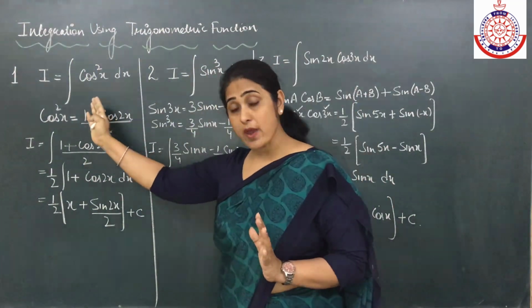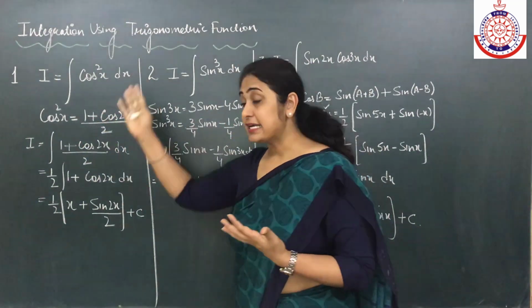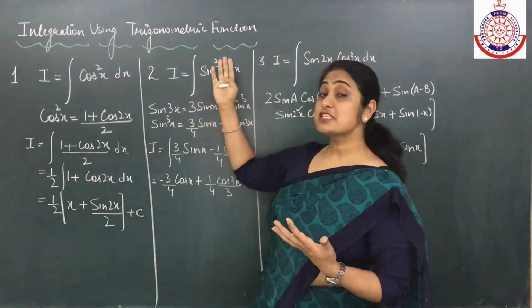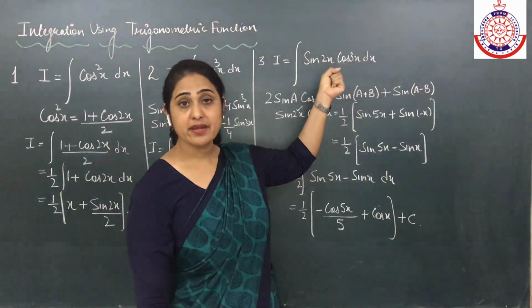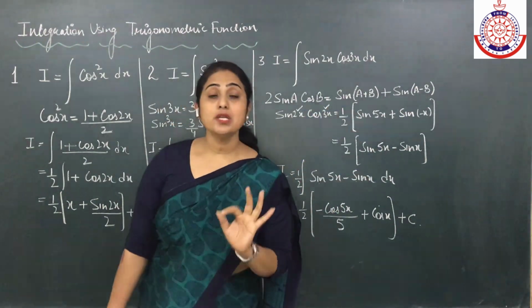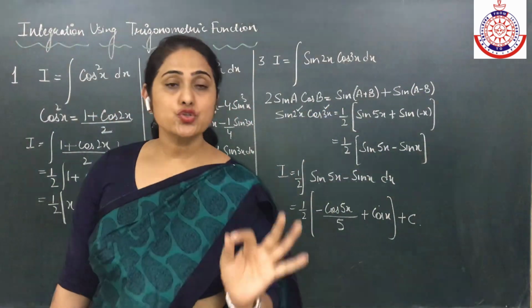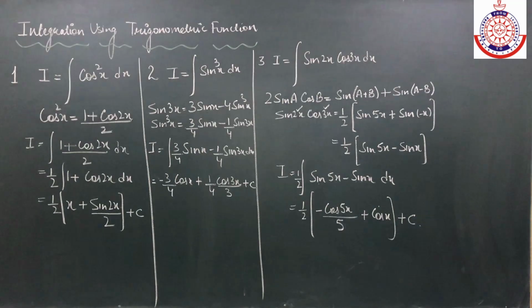If power is square or 4, how to remove the power? For that we have double angle formulas. If it is cube, I have triple angle formulas. If it is a multiplication of trigonometric functions, I have a set of formulas like this. So you have to learn all the formulae to do integration using trigonometric functions.